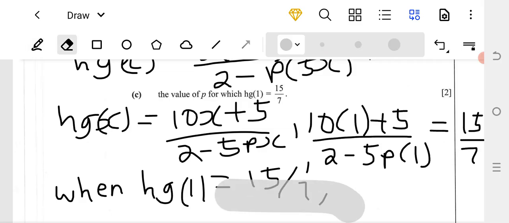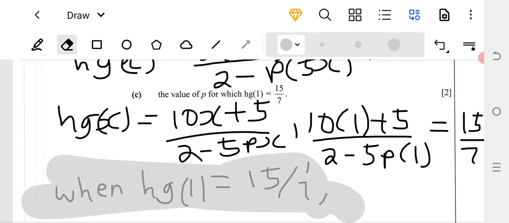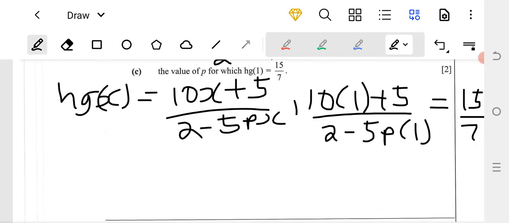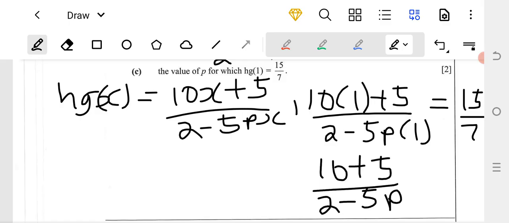So it's going to become 10 plus 5 divided by 2 minus 5p is equal to 15 over 7. When you reach this point, you cross multiply.